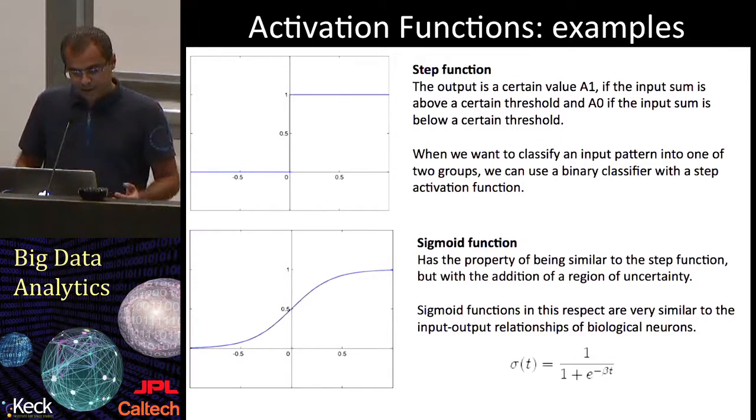And in a step function, the output is a certain value, say 1 if the input sum is above a certain threshold, and 0 if the input sum is below that threshold. Sigmoid functions have the property of being similar to step functions, but with the addition of a region of uncertainty.